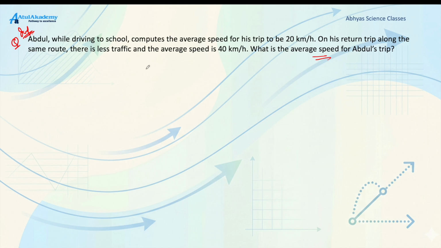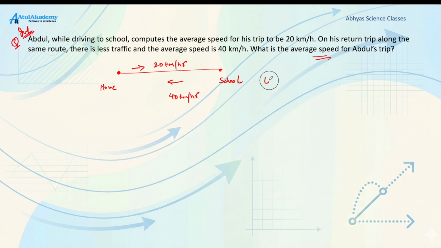Now, how do we do this question? Let's say he is going to school, so he goes from home to school. Let's say this is home and I'll mark this as school. This is the distance he is traveling. While driving to school the speed is 20 km per hour, and while coming back, as there was less traffic, it has increased to this much, right?